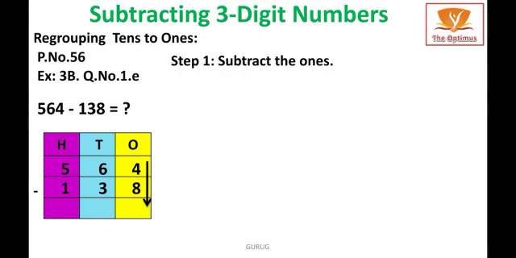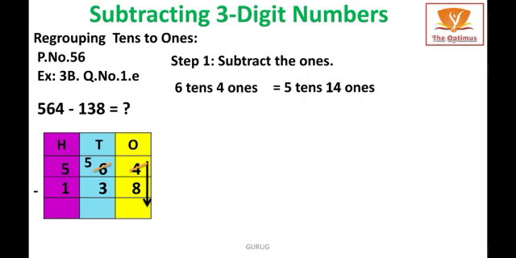In the ones place, I have 4 in the minuend and 8 in the subtrahend, so I can't subtract 8 from 4. So I am going to regroup tens to ones. In the tens place, I have 6. I am going to regroup 5 tens plus 1 ten. 1 ten means 10 ones.